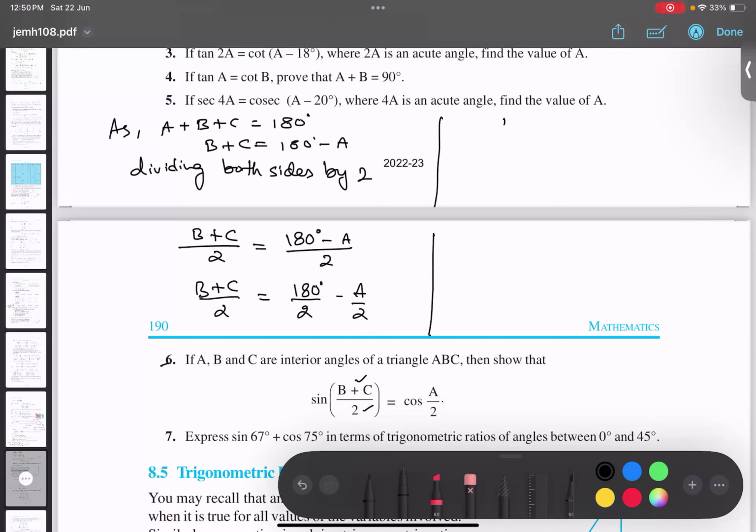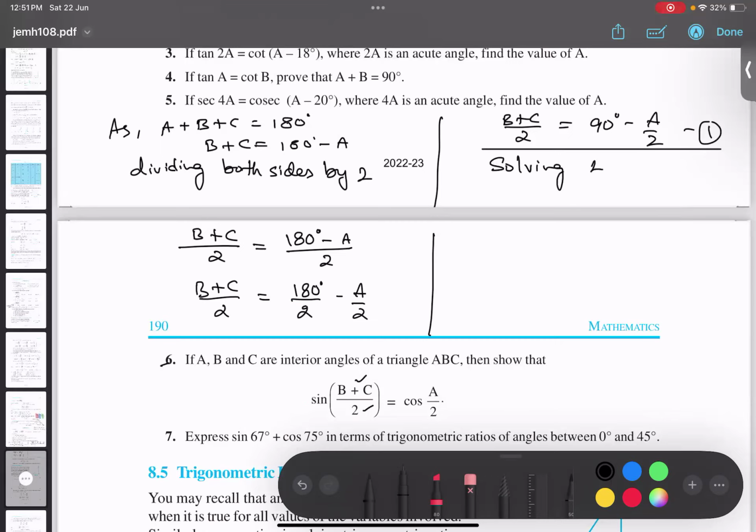So therefore, B plus C upon 2 equals 90 minus A upon 2. Clear? Now I will substitute this in the question.